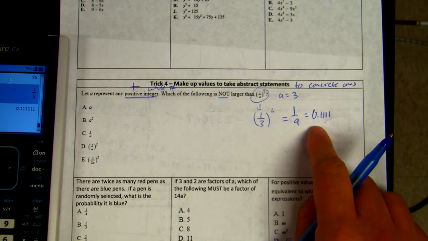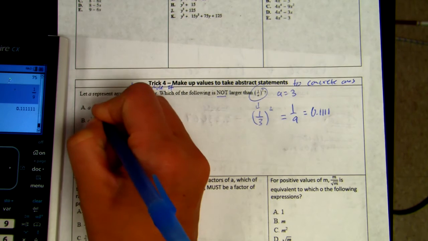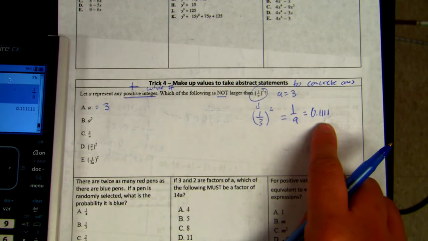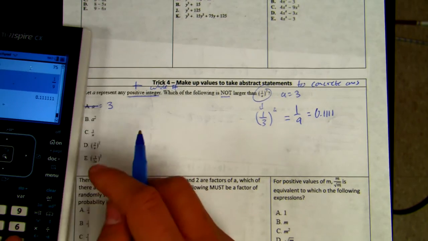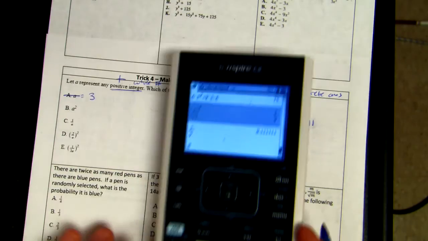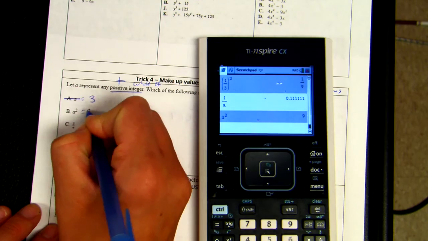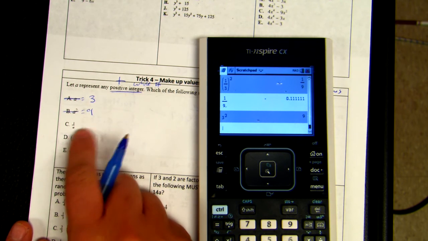So again, every time I see A, I'm going to plug in 3. So this would just equal 3. 3 is larger than 0.111, so that can't be my answer. 3 squared is 9. 9 is larger than 0.111, so that can't be my answer.